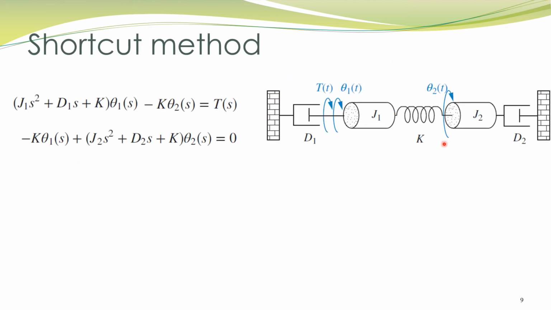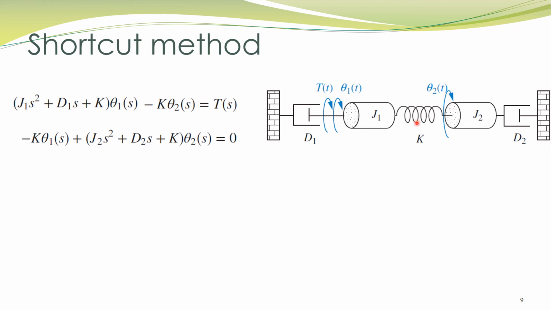So this mechanical system with rotational displacement is modeled by these two equations. If we carefully look at these two equations, what we observe is that theta 1 of s is being multiplied by the sum of the impedances which are connected to displacement theta 1, and theta 2 is multiplied by a negative sign and the sum of the impedances which are common between theta 1 and theta 2.